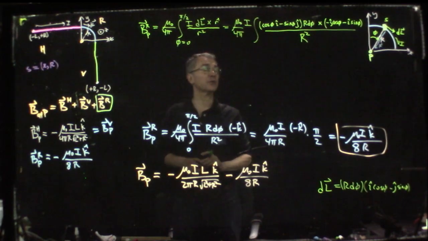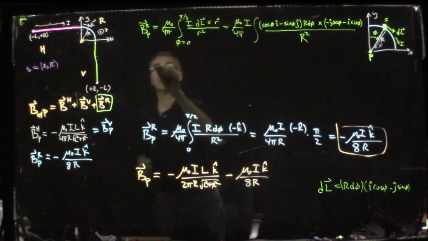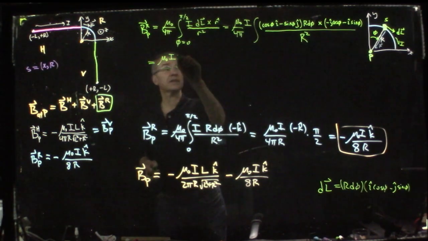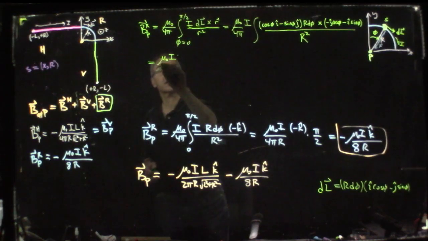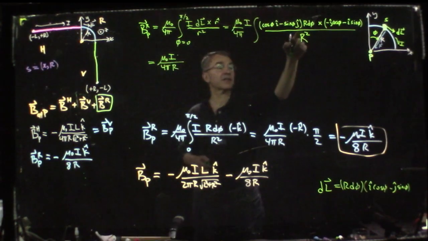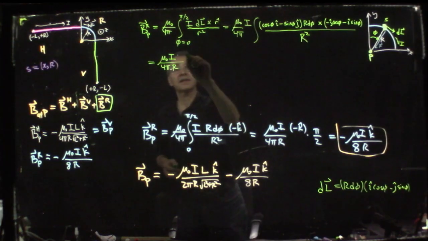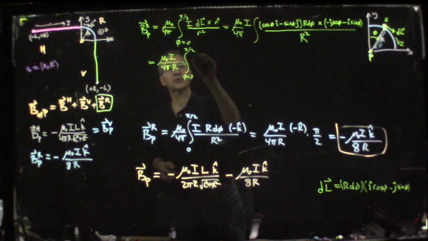Okay, so I think this cross product is actually going to turn out to be pretty simple. So this is mu naught I. This r is only r downstairs. So mu naught I over 4 pi r, because r squared cancels this r. So we cancel the square, we cancel the r. And then we're integrating phi equals 0 to pi over 2.